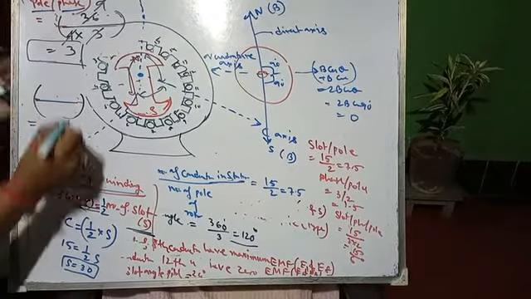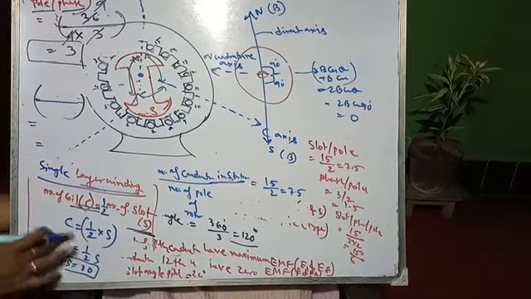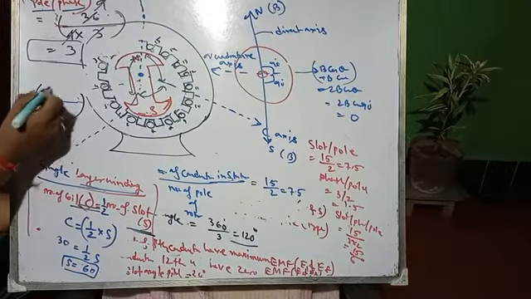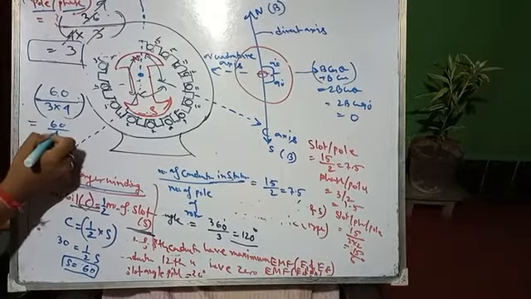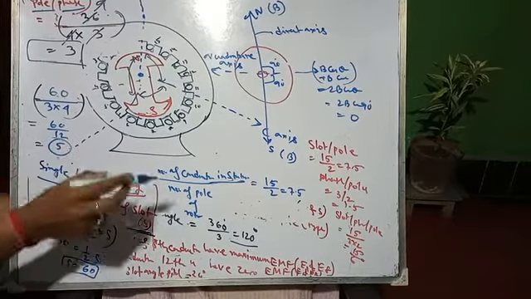It is given that the conductors are 30, so slots will be 60. With 3 phases and 4 poles, 60 by 12 will be 5. So your answer is 5 slots per phase per pole.